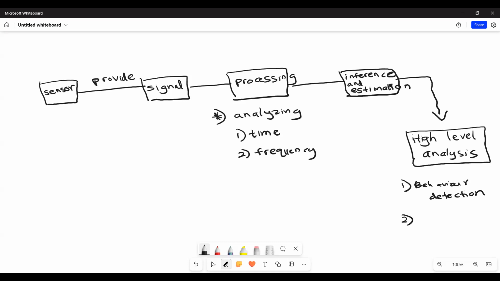We can also do disease detection. Then we can have predictive maintenance. We can predict about some kind of a process.